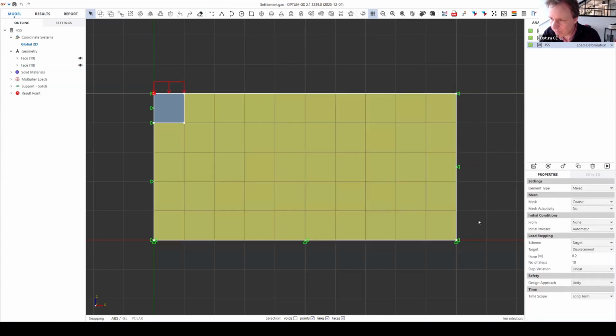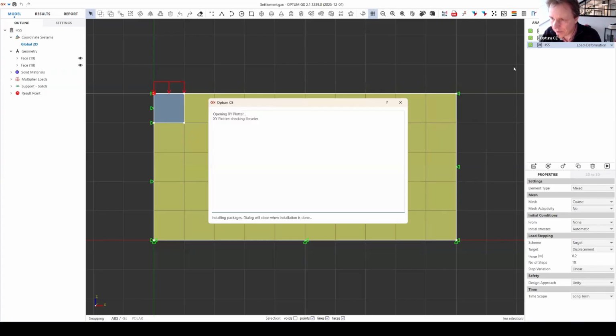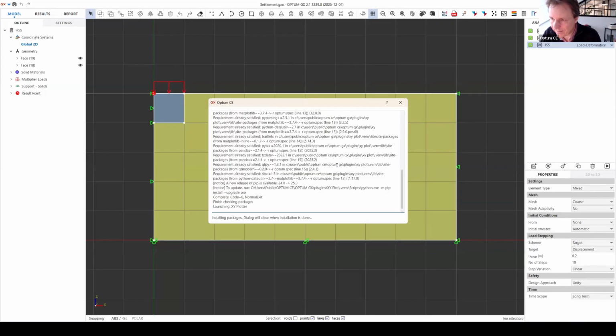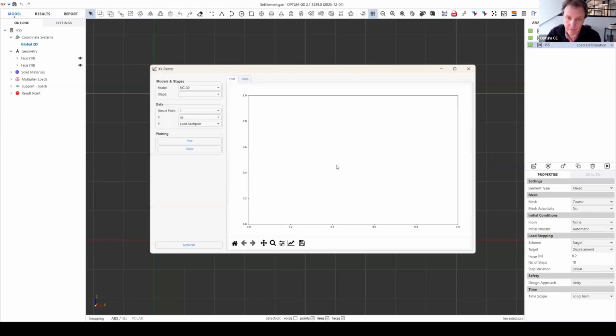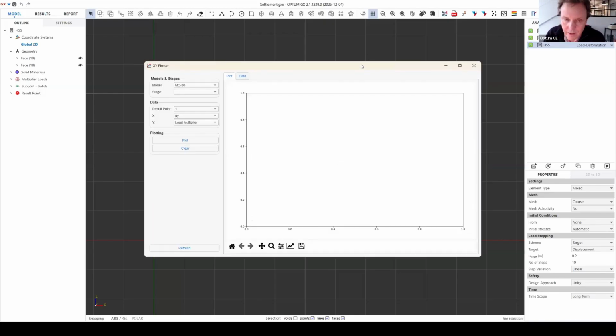And a new feature we have just included in OPTUM, for those of you who are not aware of it, is this XY plotter, where you can generate XY plots, including load displacement diagrams. So you start that up, and then you have the model here, the MC30.